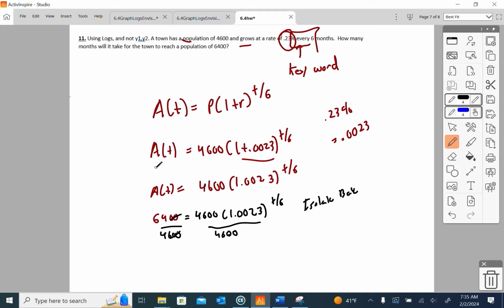And 64 and 46 are even. That's 32 over 23. And now I'm going to convert to a log.